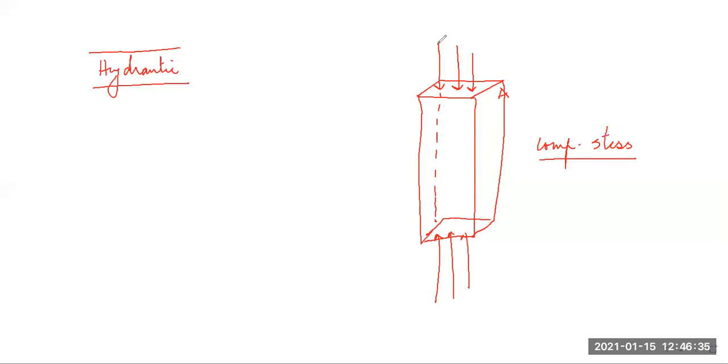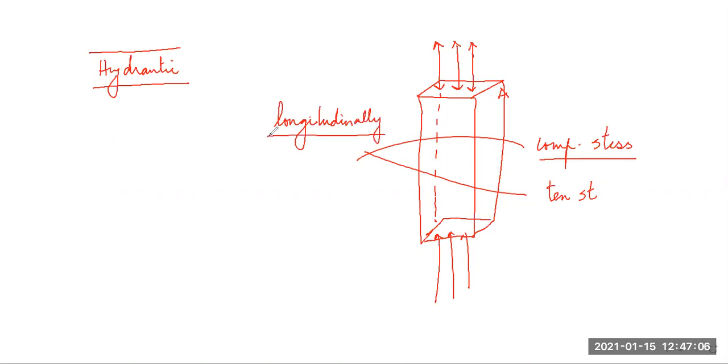And in case this force is reversed, now the body is trying to elongate, and then the stresses induced will be known as tensile stresses. Both these stresses, compressive stress as well as tensile stress, are applied longitudinally, along the length. So in case of tensile stress, delta L will be positive. This is the body.